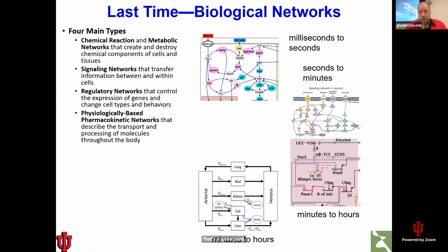All right. So last time we introduced the idea of biological networks, the multiple kinds of biological network: chemical reaction or metabolic networks, signaling networks, regulatory networks, PBPK or pharmacokinetic networks. They all have the same mathematical structure, which is a series of first-order rate equations.